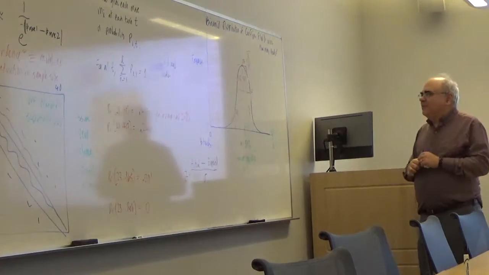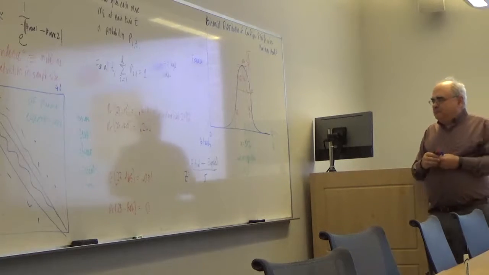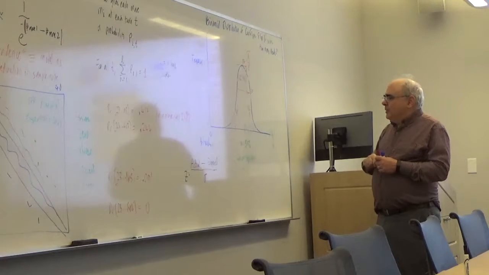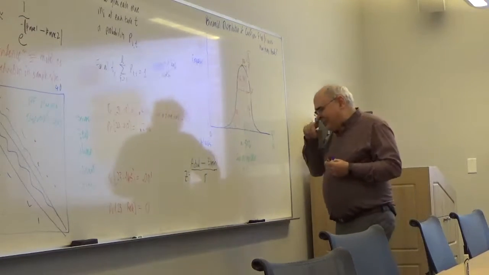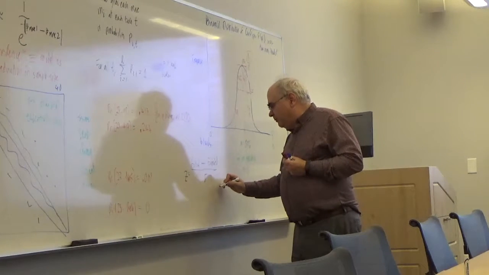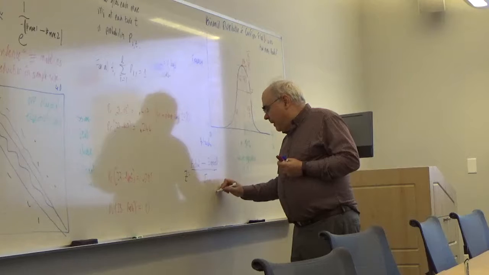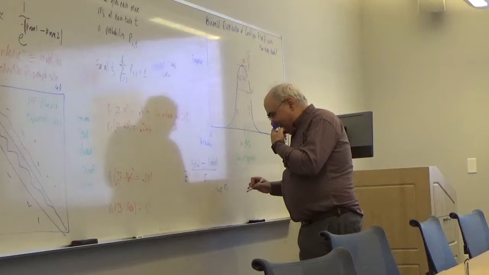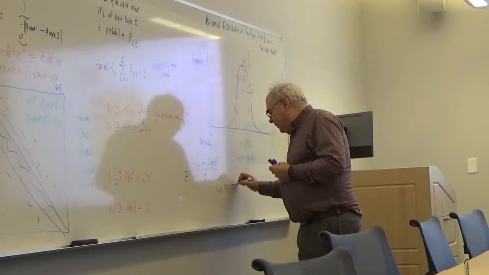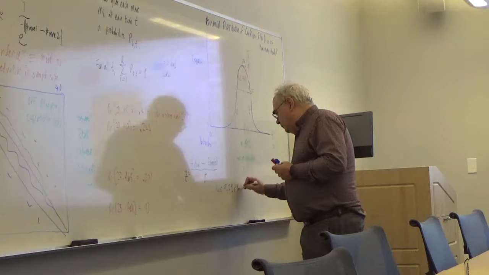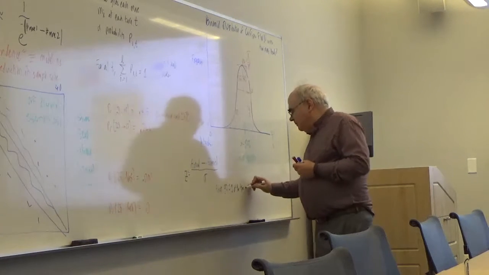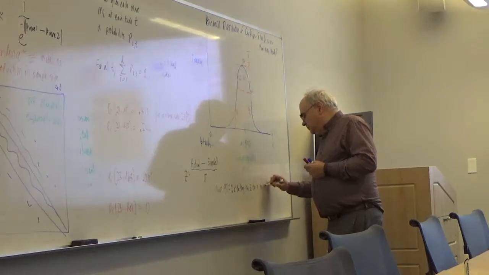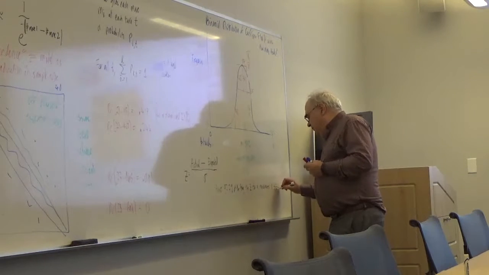So in particular, what this means is that about 97.7% of the time, Z for a measurement is less than or equal to 2.00.